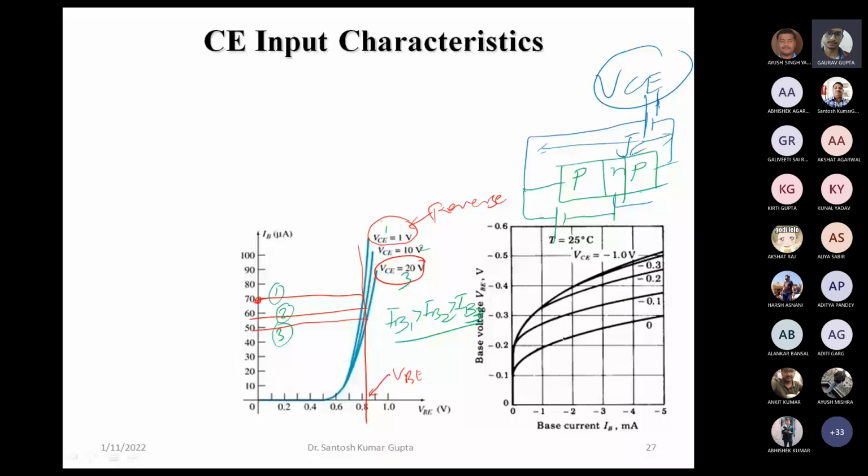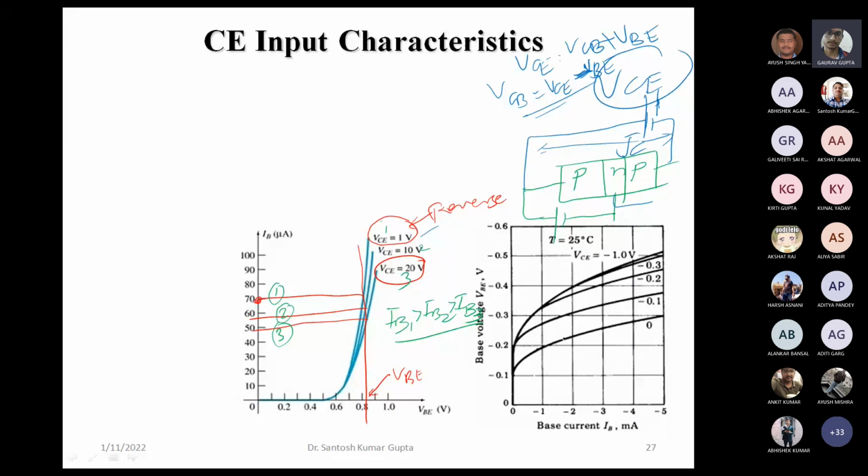What is the effective voltage across the collector junction? We have seen that we can write VCE is equal to VCB plus VBE. So VCB effectively can be written as VCE minus VBE. So the effective collector base bias voltage will be VCE minus VBE. So the higher the VCE value, the higher the reverse biasing voltage.